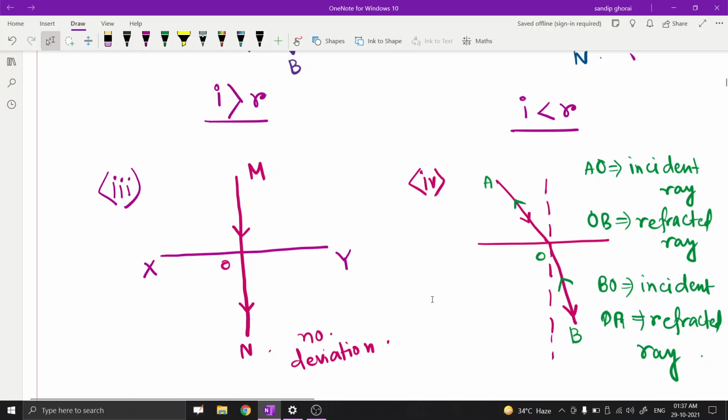And the fourth is, for the first three cases, if the path of light is reversed then it retraces its path.